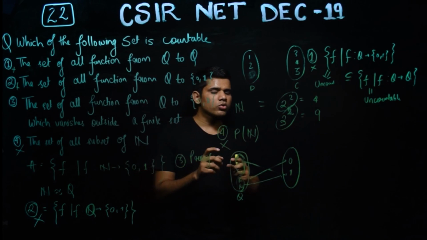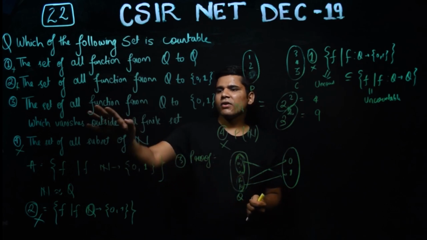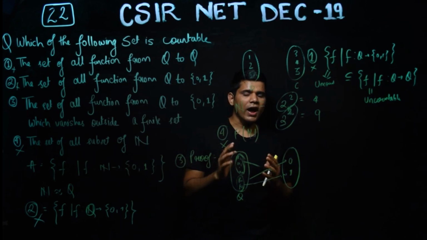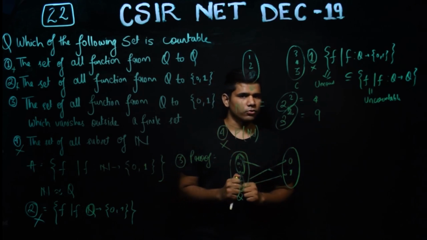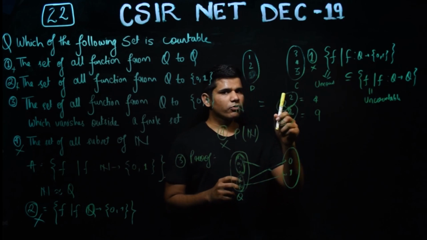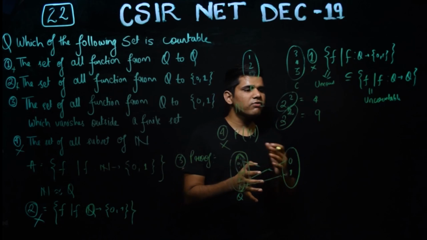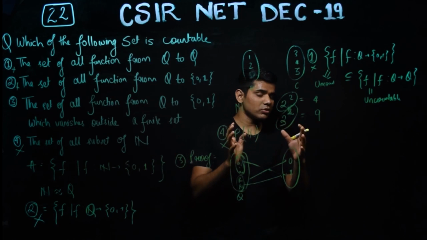So if you want to count those functions which vanish outside a finite set, you have to count all the finite subsets of Q. In the theorem, we showed that for a countable set, the number of finite subsets is countably infinite. Here countable actually means countably infinite.